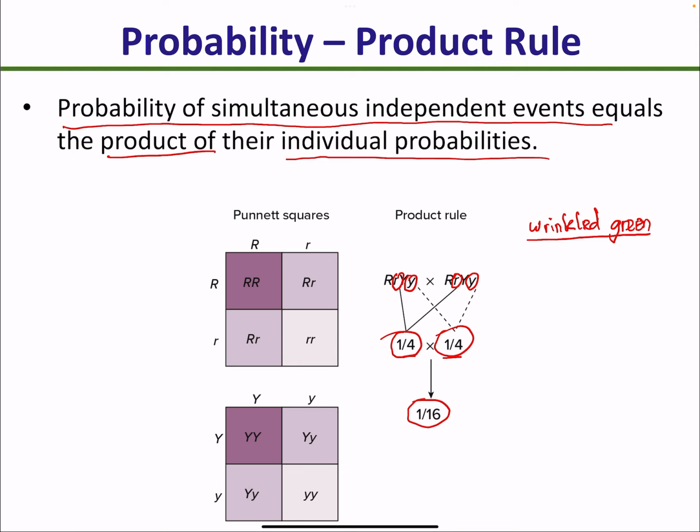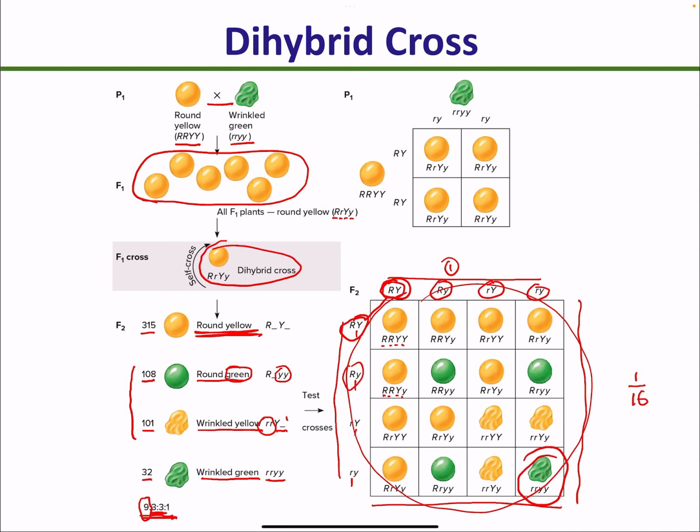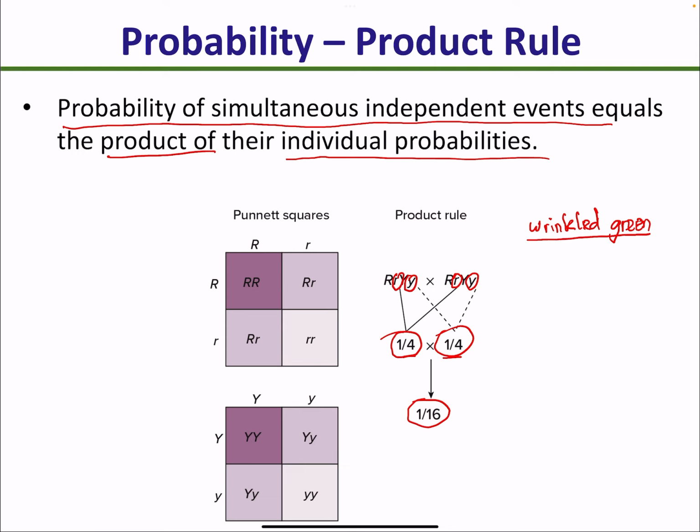So if we go back to the Punnett square here, guess what? We had 1 out of 16 here, right? So we fall back on our feet, so we can actually show that the law of probability or the product rule here applies for the dihybrid.